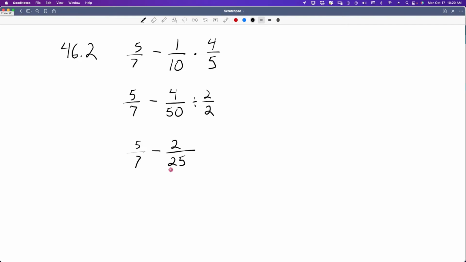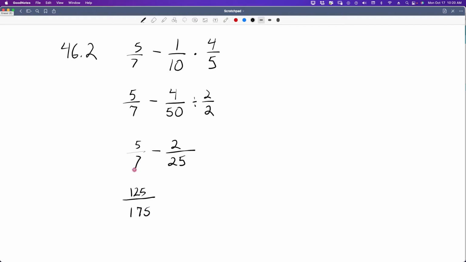Instead of having to say 7 times 50, I now only have to say 7 times 25. That's halfway. So now that I have reduced, I am going to multiply this side by 25 and this side by 7. So 25 times 5 is going to give me 125, and 25 times 7 is going to give me 175.